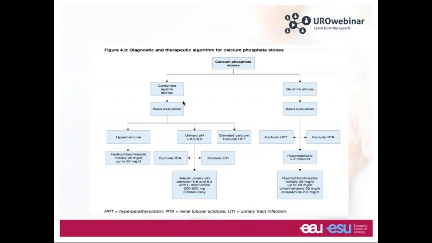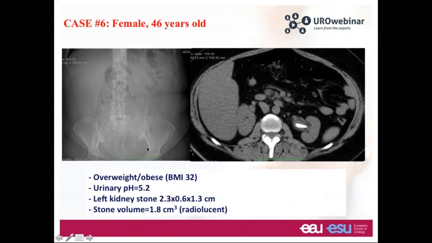Last but not least, this is another case. We have a urinary pH of 5.2. The left kidney stone is a big stone, and the stone volume is also big, but it is radiolucent.